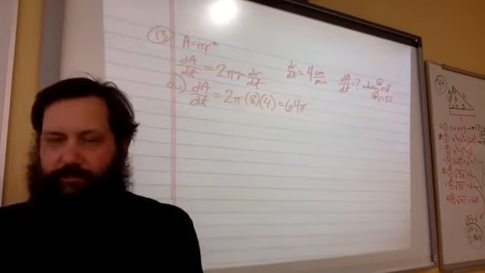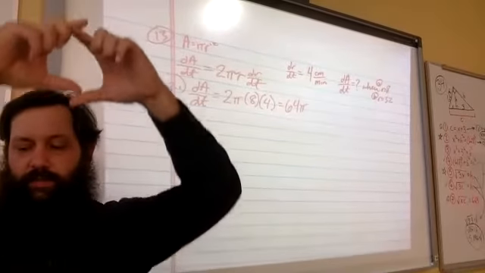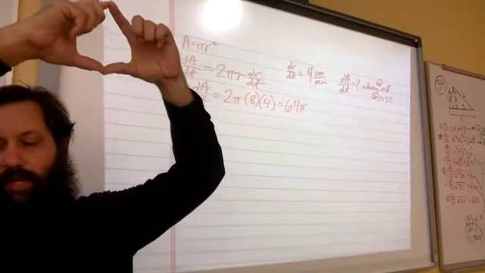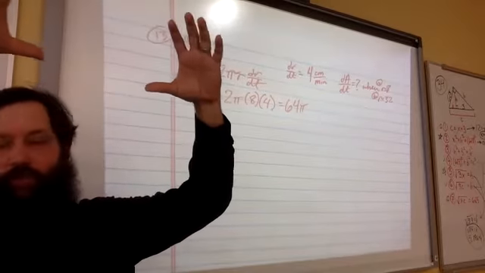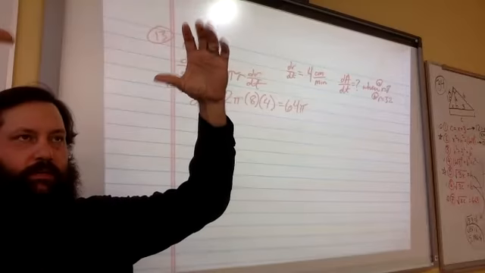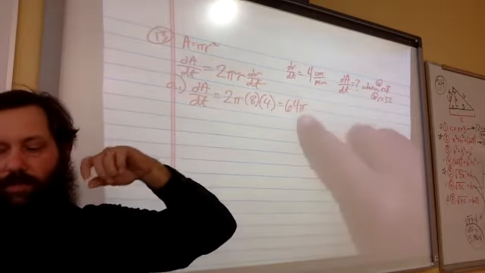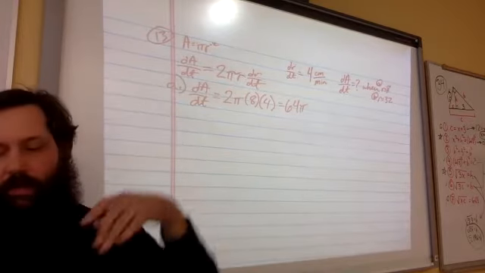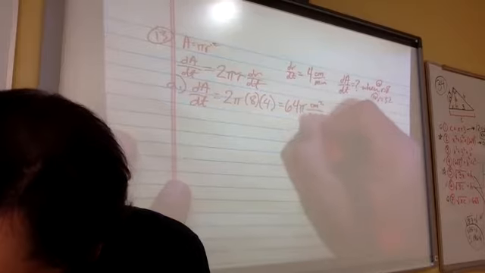Now, I have a question. Think about when the radius is 8 and the radius is growing at a rate of 4 centimeters per minute. The area is growing at 64 pi square centimeters per minute.